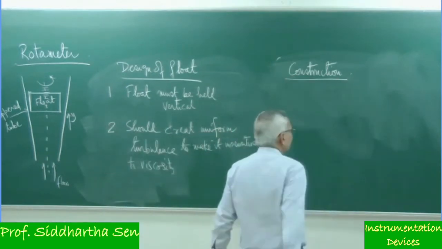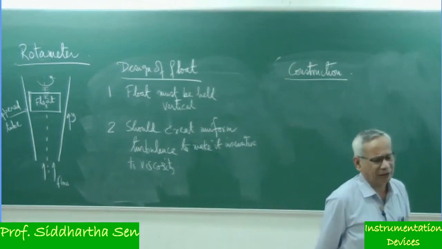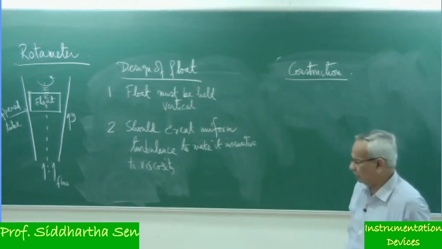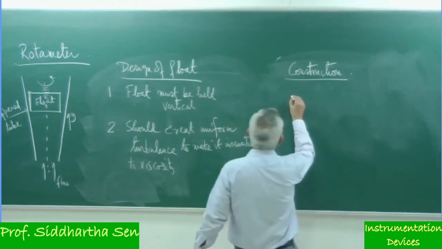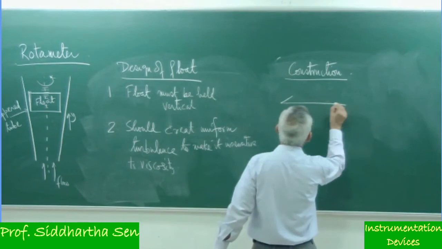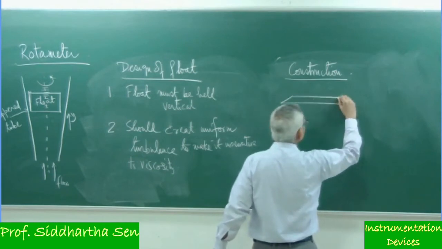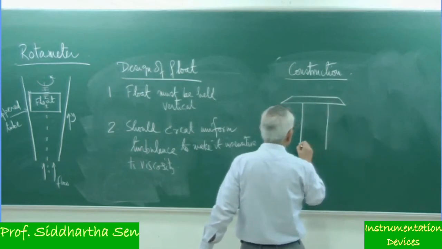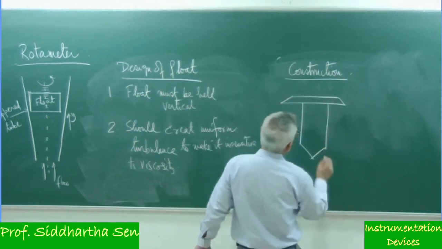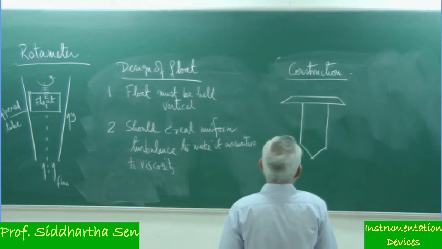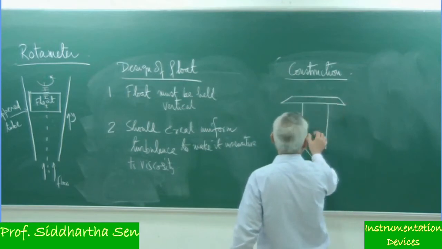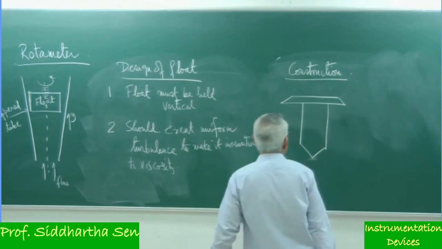So, what is the construction? How can we make the float rotate? That is done this way. First of all, it is held in this shape, so that the CG comes below and it becomes vertical.